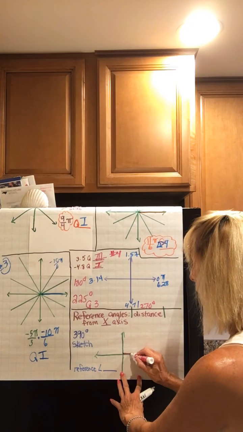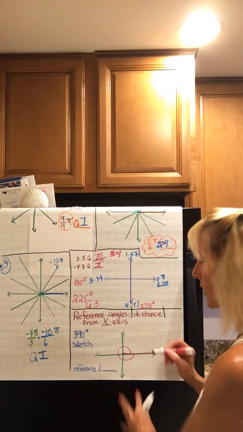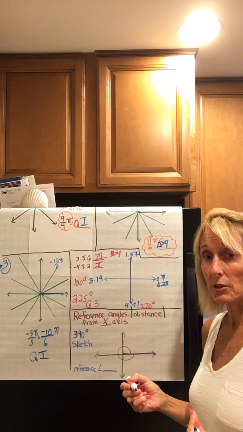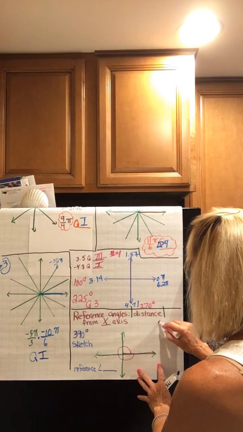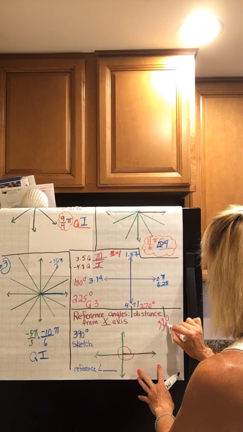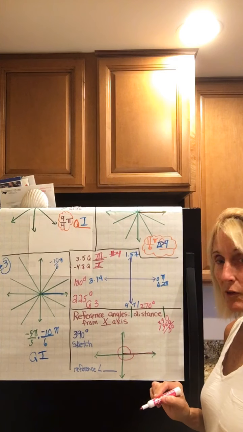If I go all the way around a circle, so far I've got 360 degrees. How much further do I need to go? Well, 390 minus 360, because I've already gone 360, leaves 30 more degrees.